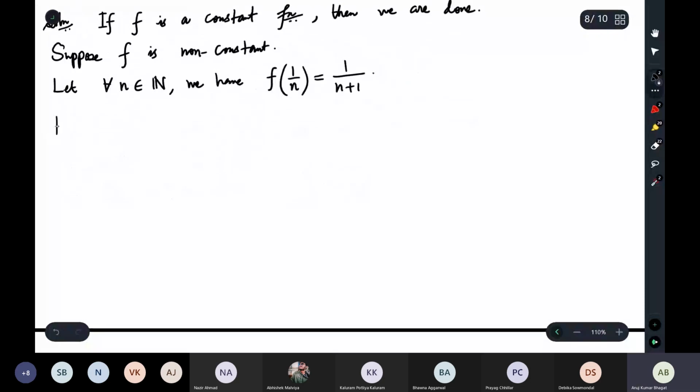So define g(z) like this: f(z) minus 1/(n+1).